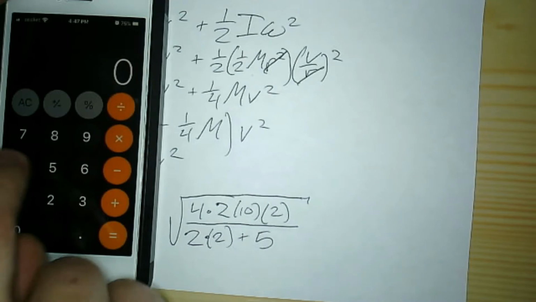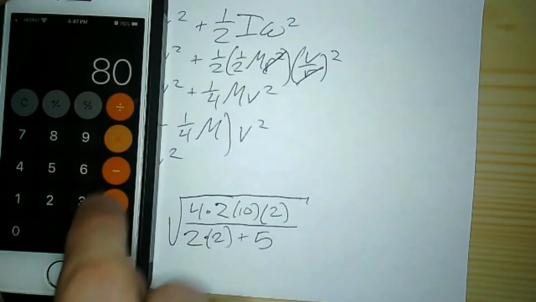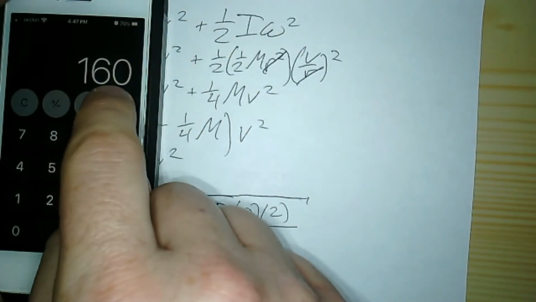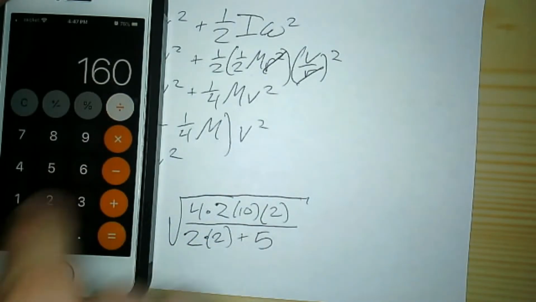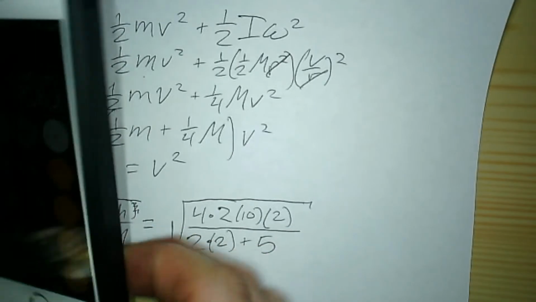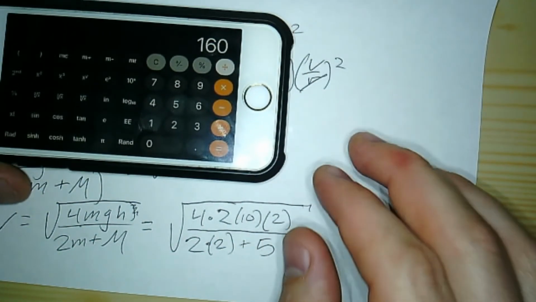I want to do 4 times 2 times 10 times 2. Give me 160 on the top. And then let's divide that by, do I not have parentheses in this mode? Let's turn this sideways so we get a nice scientific mode. So we can use our parentheses.